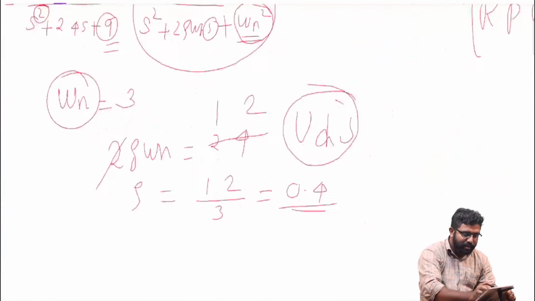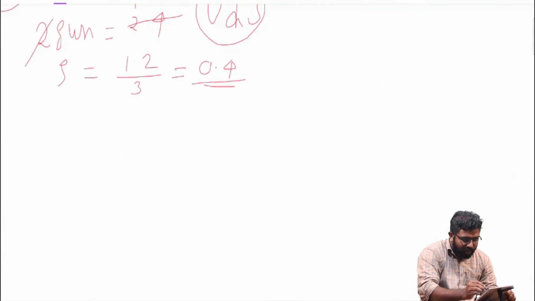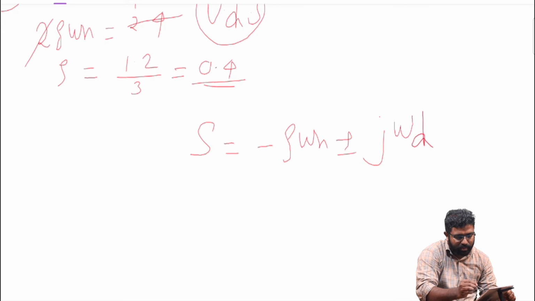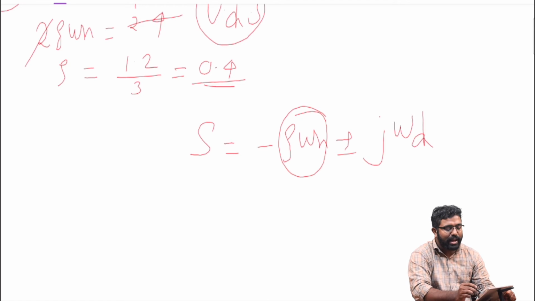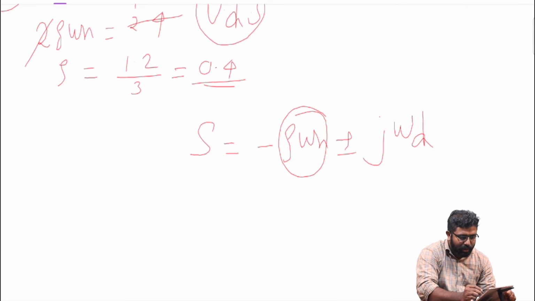You know that our poles are written as minus theta omega n plus or minus j omega d. So theta omega n is the real part.